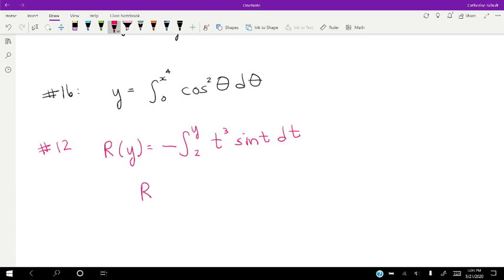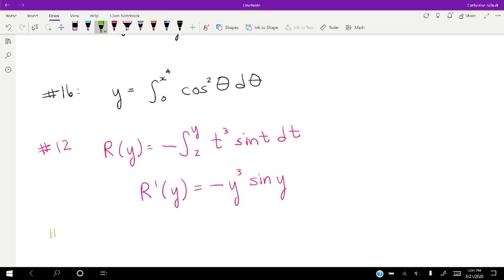When we take the derivative of y, notice they match, y and y. That's perfect. It's going to be negative and then y cubed times sine y. There you go. And that's it.